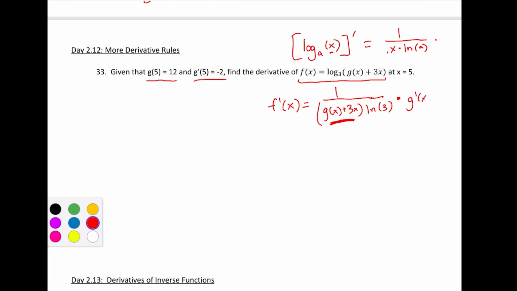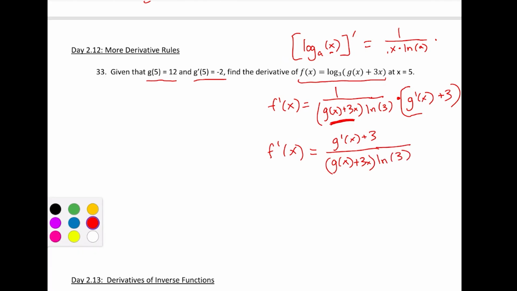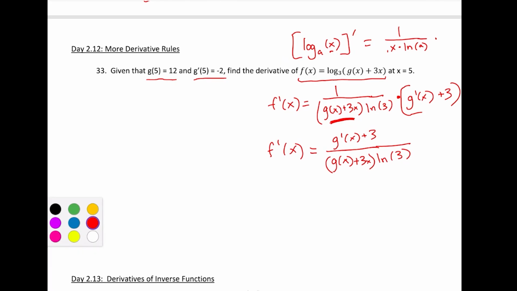That would be g prime of x plus 3. Don't forget to put parentheses around here. I see that mistake pretty frequently. You've got to be very careful with your parentheses. And if you don't like having to worry about that, put it in the numerator, and then you don't have to worry about the parentheses. You can write it like this. In fact, it might be even easier if you write it like this. So just a thought. So there's our derivative for f.